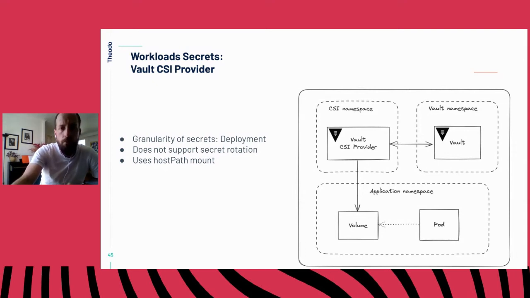But it does not support secret rotation. So if the secrets change in Vault, the CSI provider will not create a new volume. It's not possible, of course, because it is already mounted on the pod, and that's it. So you will have to handle rotation too.